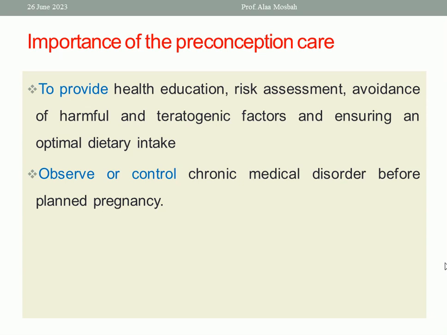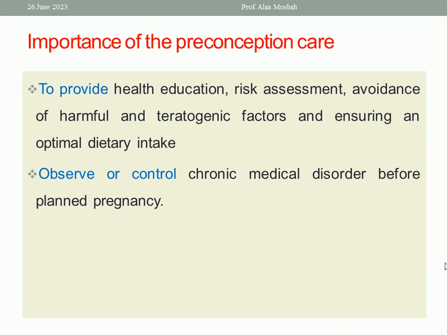If the patient is taking derivatives of vitamin A, which is teratogenic, it should be stopped for adequate time before planning for pregnancy, maybe 3 months or 3 to 6 months. Because it is teratogenic, and the other drugs may be teratogenic and should be stopped before planning of pregnancy.